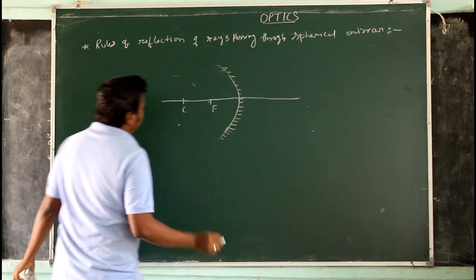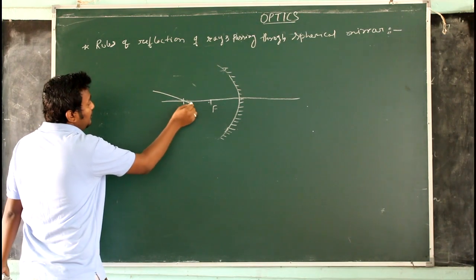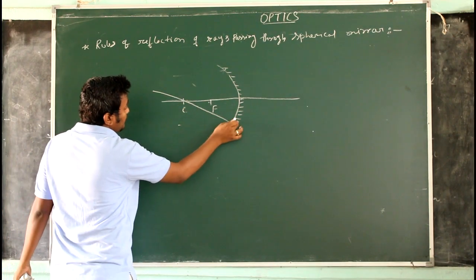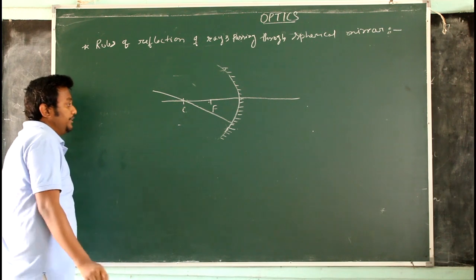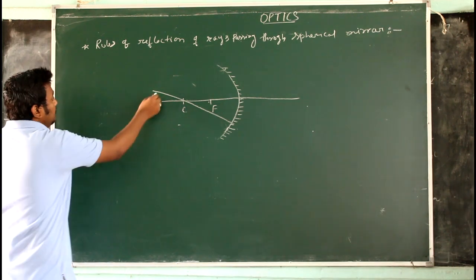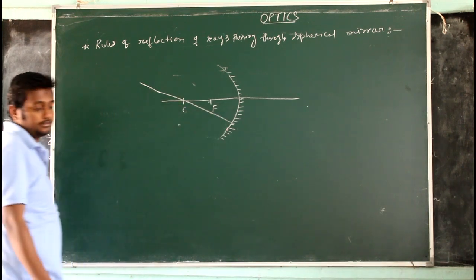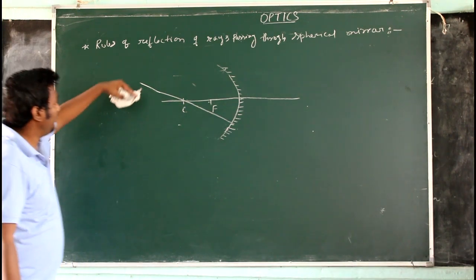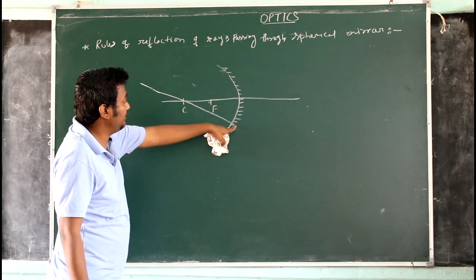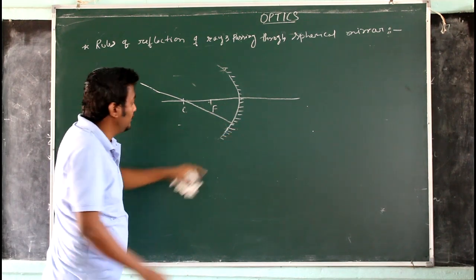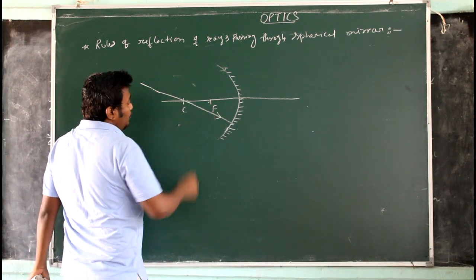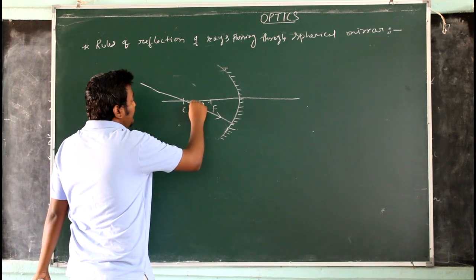Next, suppose a ray is incident on the concave mirror by passing through the center of curvature. This ray will reflect back in the same path.